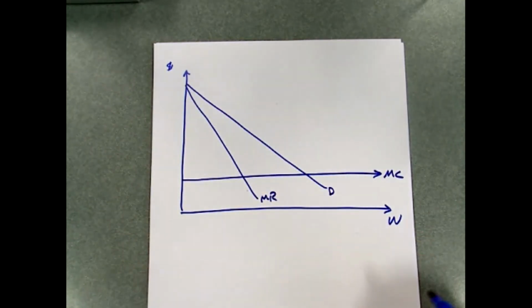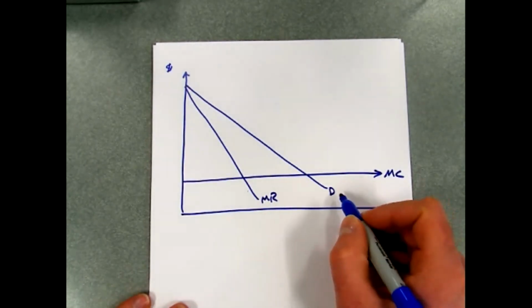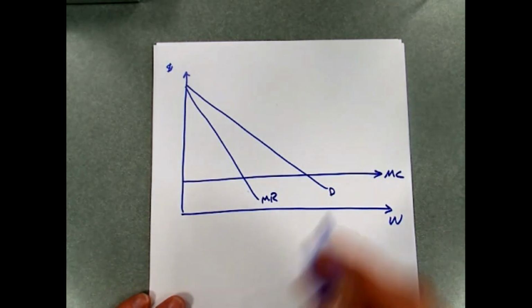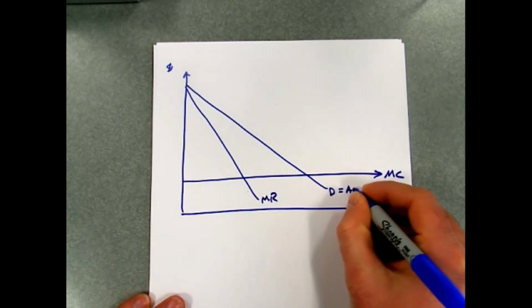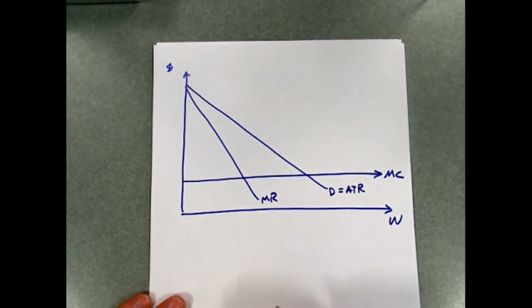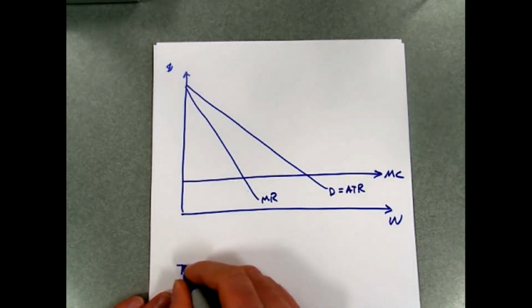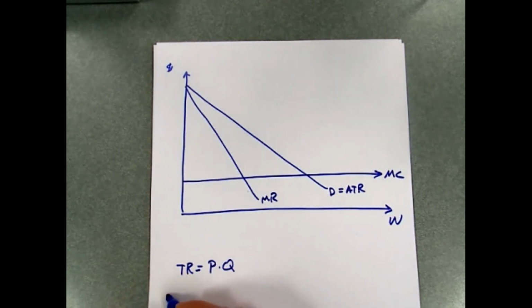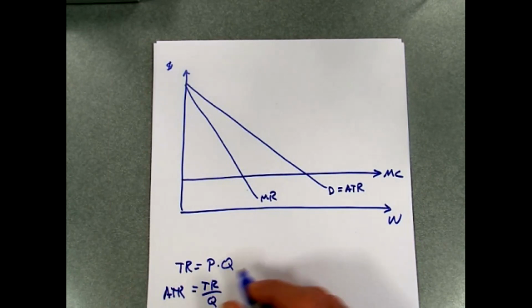Okay. Before, we could think of our demand curve as being, and I didn't go into this last class, our average total revenue. So why is that the case? Well, total revenue is price times quantity. Average total revenue is just total revenue over quantity. So you can see here, if I plug this in, and I shouldn't be using quantity here, I apologize.